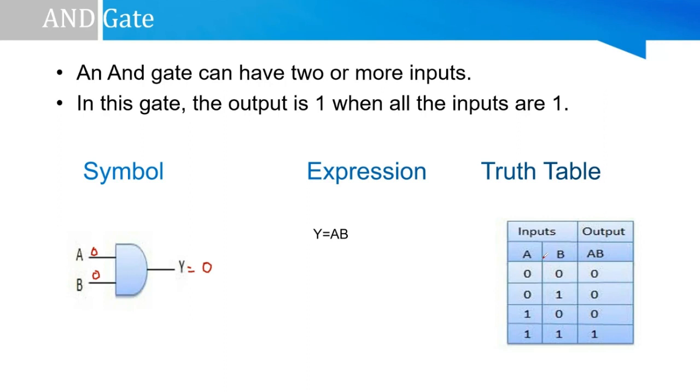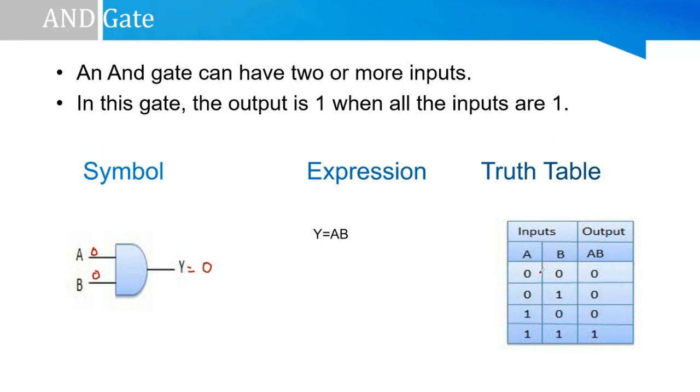If you have two inputs, how many possible combinations will you have? Four combinations: 0 0, 0 1, 1 0, 1 1.